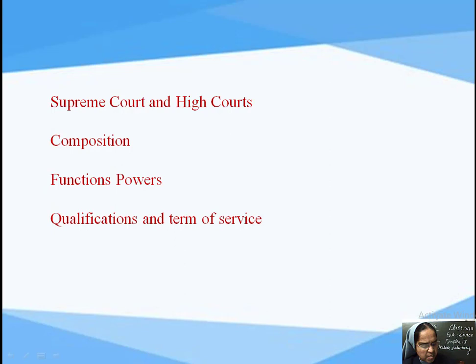A court exercises appellate jurisdiction when it hears an appeal against the judgment of a lower court. A court exercises advisory jurisdiction when it gives advice on matters relating to the Constitution.